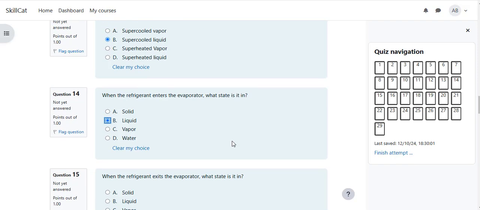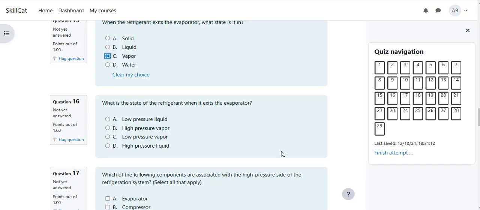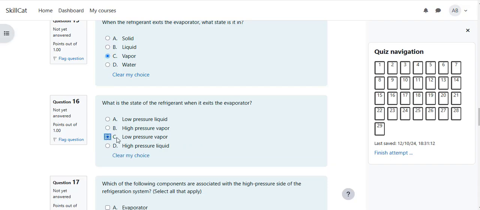Liquid. When the refrigerant exits the evaporator, the state is vapor. Low pressure vapor.